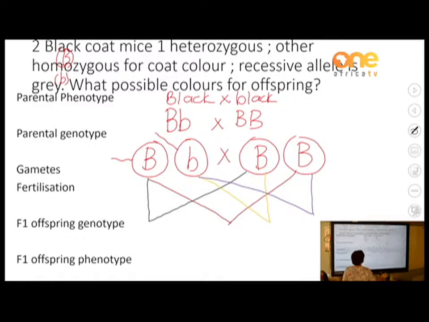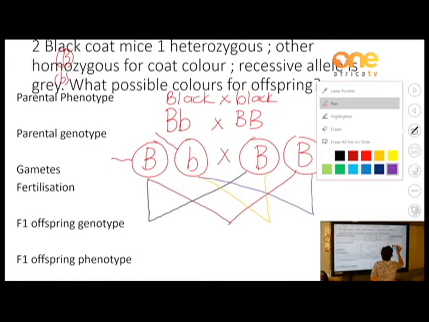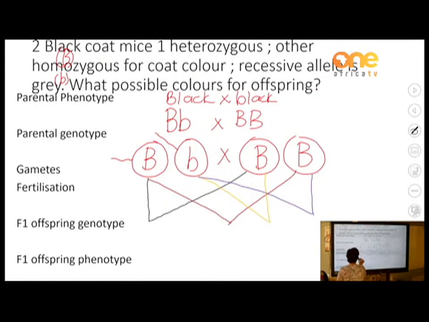So we can have the genotypes: capital B, capital B; capital B, small b; and that one, capital B, small b.